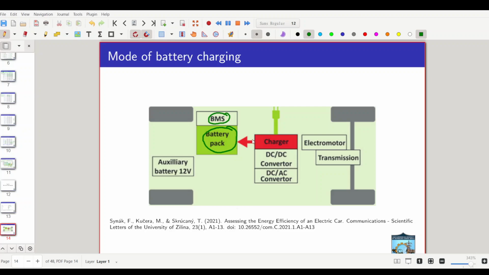The charger charges this battery pack, and you have a DC-DC converter and a DC to AC converter. Depending on the motor, these converters can be used. This is the motor that drives the vehicle, and there is a transmission. There is always one auxiliary battery for other purposes. And this is a typical charging mode, the mode of battery charging.